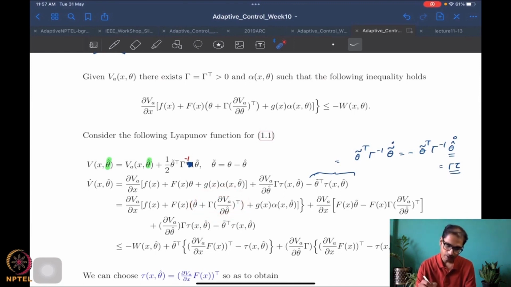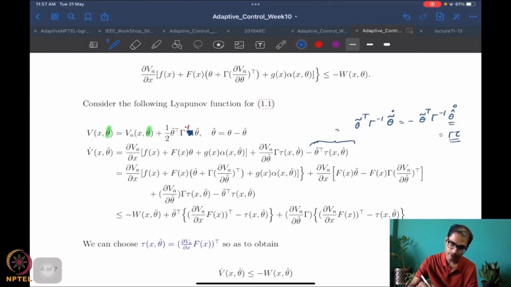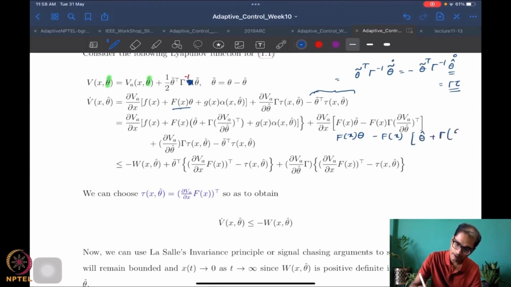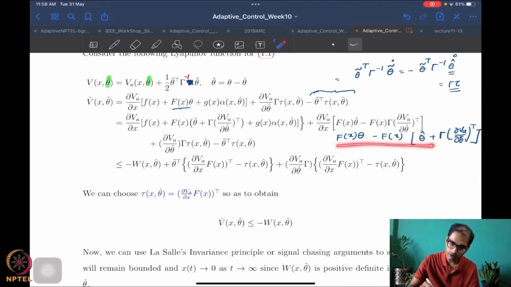So I take del VA del X common. Then I have fx theta, and then subtraction of fx theta hat plus gamma del VA del theta hat transpose. So these two combine to give me fx theta tilde, and this term is written as it is.